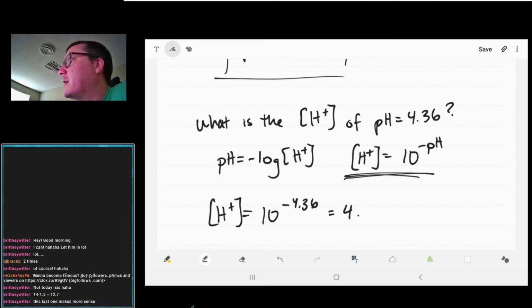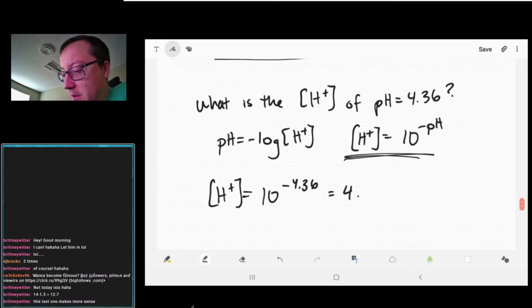Let me just try it with a different number. I think this is acting up. Okay, no, it was right. That's pretty crazy. This number is remarkable. Not intentionally, but apparently the 10 to the negative 4.36 is 4.36 times 10 to the negative 5.